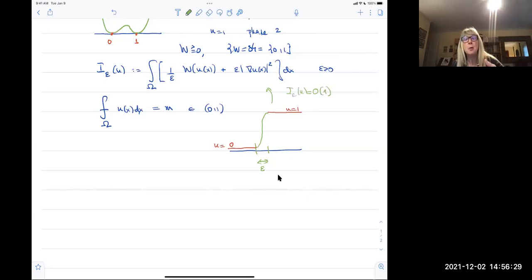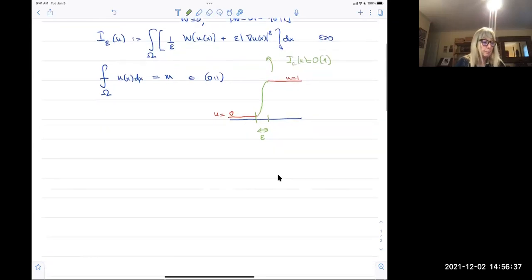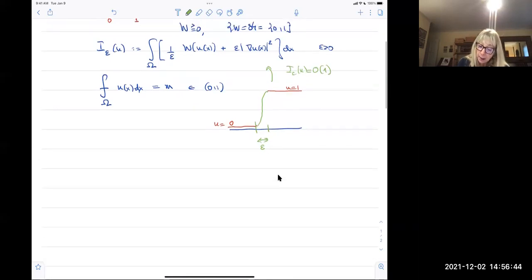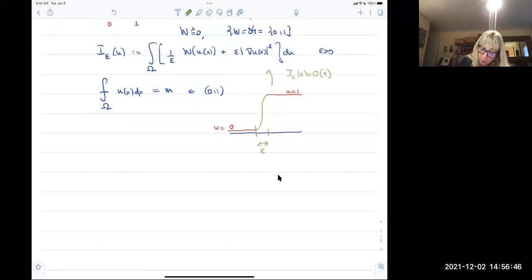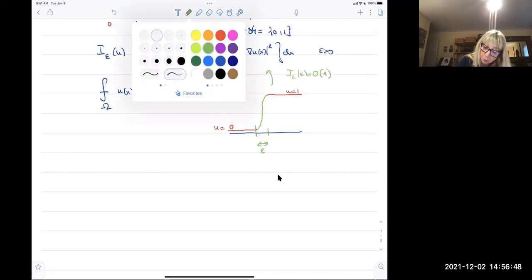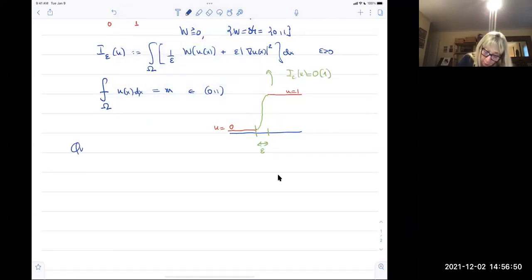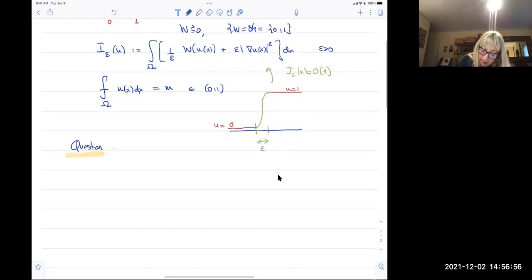Eventually we are going to look at the asymptotic limit of these energies. So the question that we ask here is: if I let epsilon go to 0, where do these energies go?